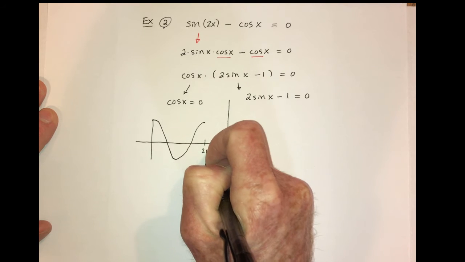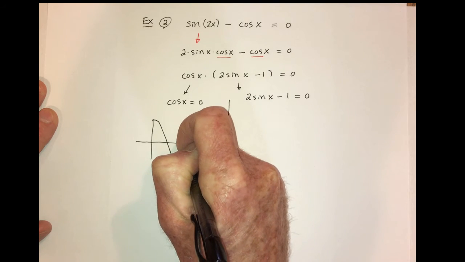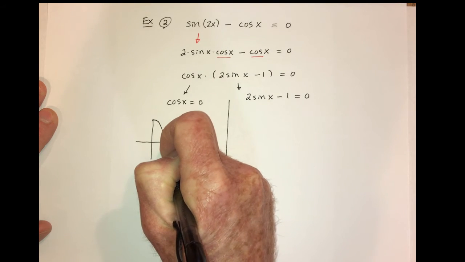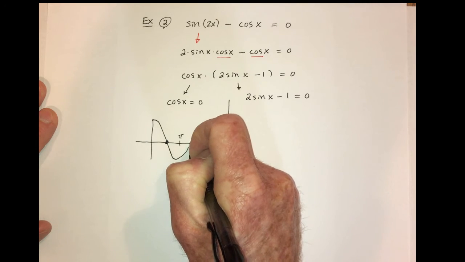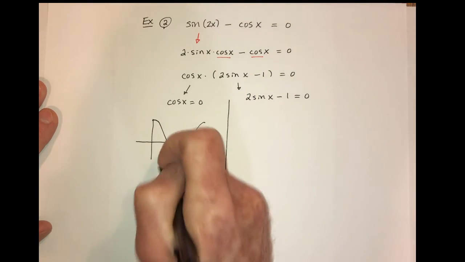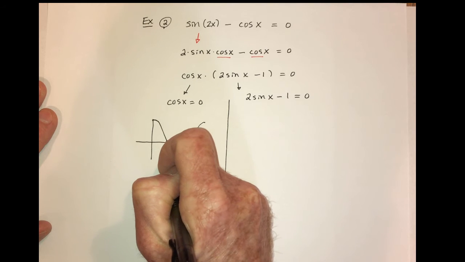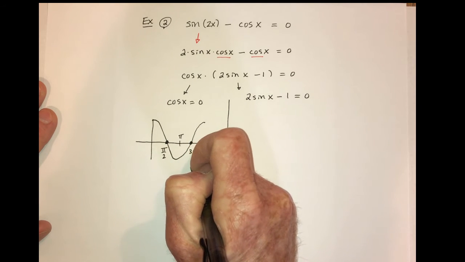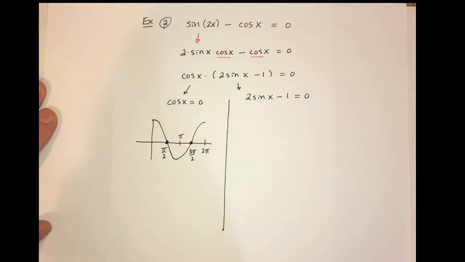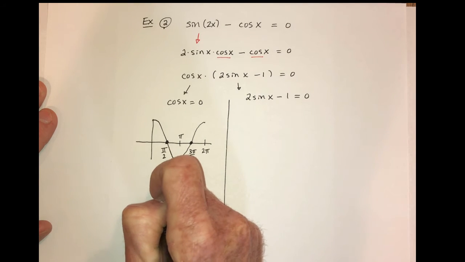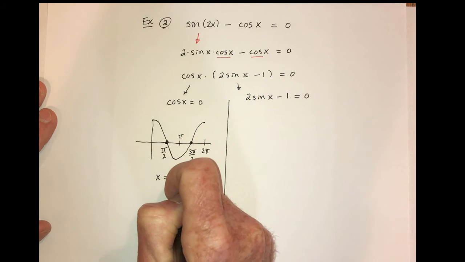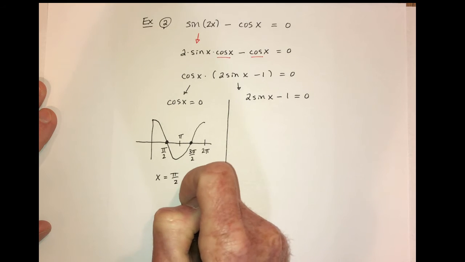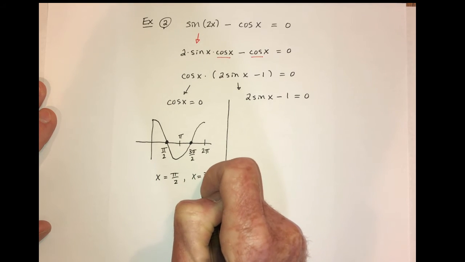Right here is 2 pi. In the middle is pi. So where cosine equals 0 are these two dots. This one is at pi over 2, and this one is 3 pi over 2. So there's two solutions. x equals pi over 2, x equals 3 pi over 2.